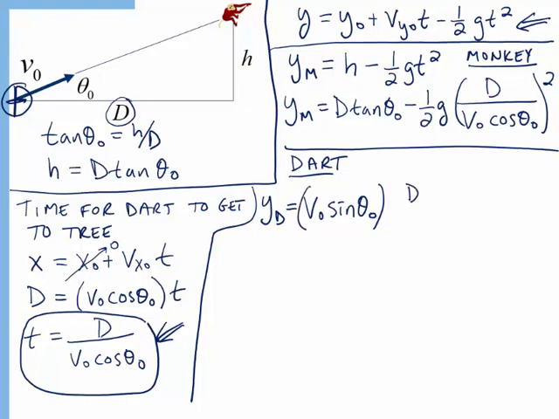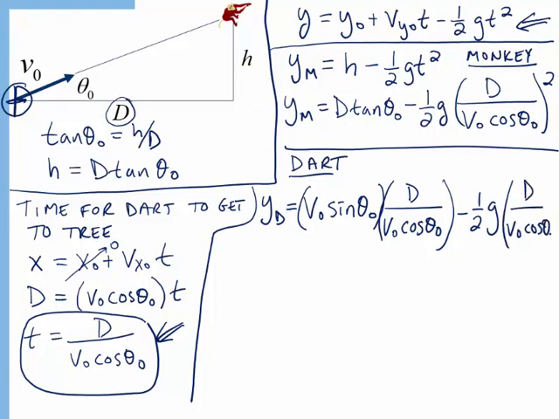Remember, that's d over v naught cosine theta naught. And then we have minus 1/2 g times t, d over v naught cosine theta naught squared.